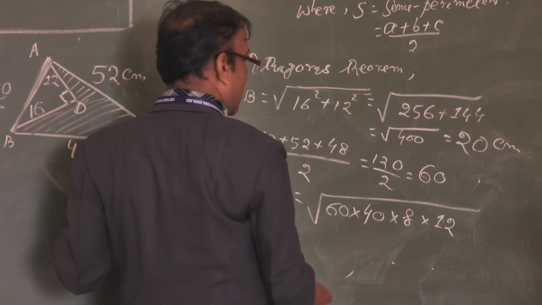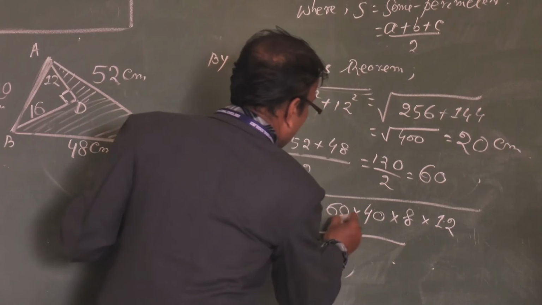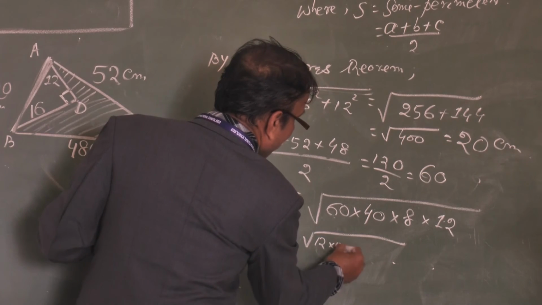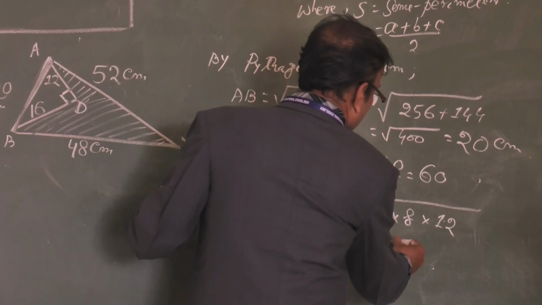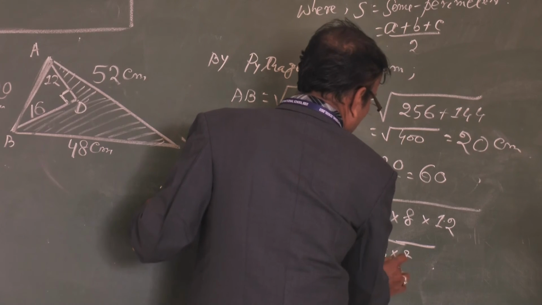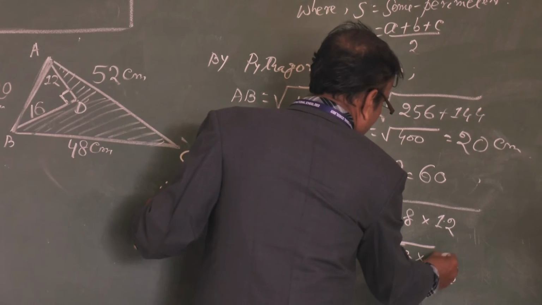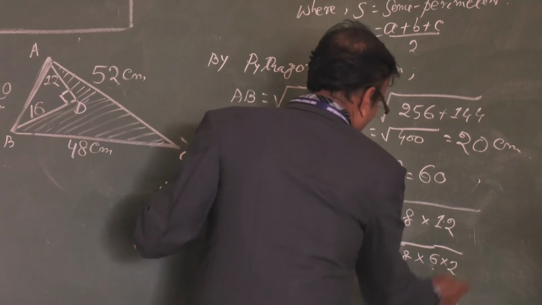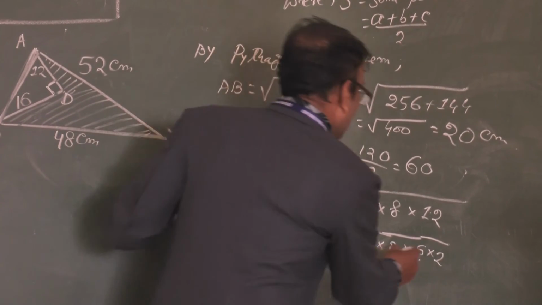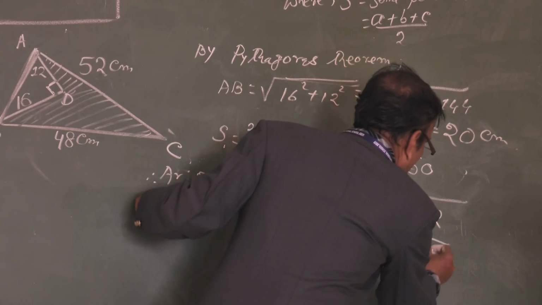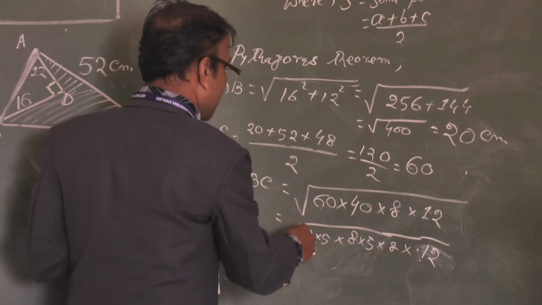So now this is equal to, here we can write 12 as 12 into 5, and 40 we can write as 8 into 5, then another 8 already there, keep it like that, then 12 we can write as 6 into 2. Keep it as 12 because another 12 is there already.